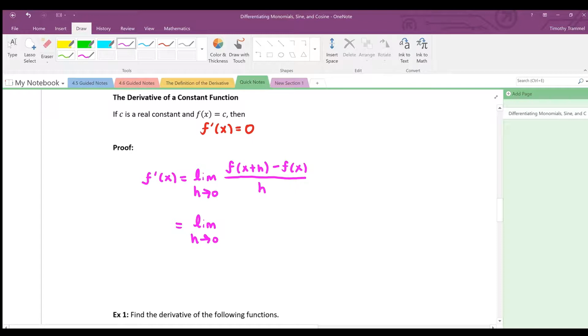Now remember, f of x is constant, so f of x plus h should be equal to c, and so should f of x. So we end up with 0 over h, which is just 0. And so if you take the limit as h approaches 0 of 0, we just get 0.